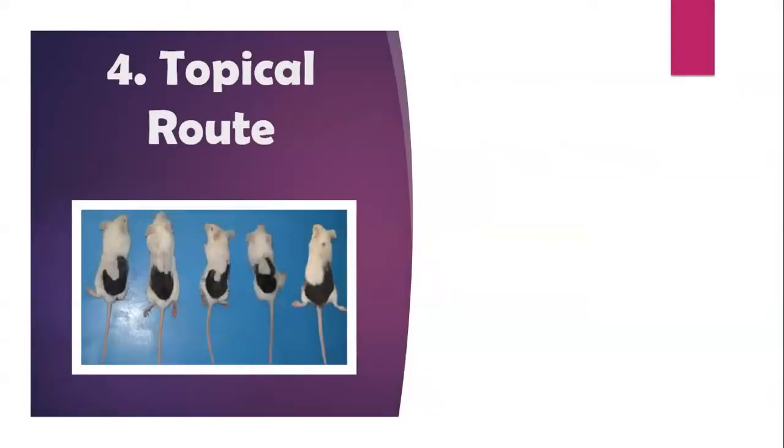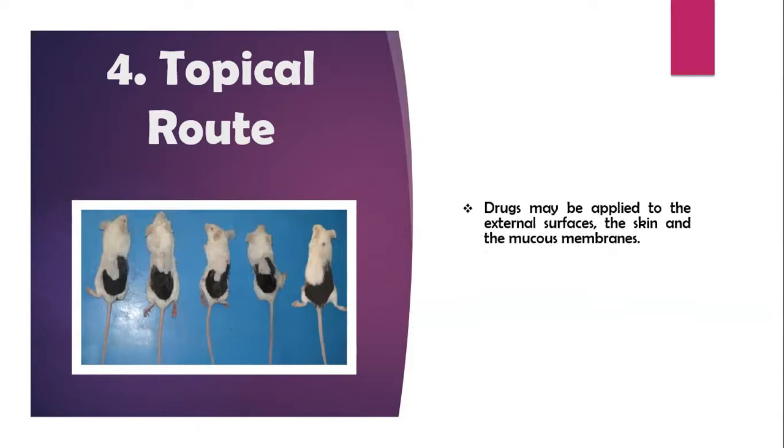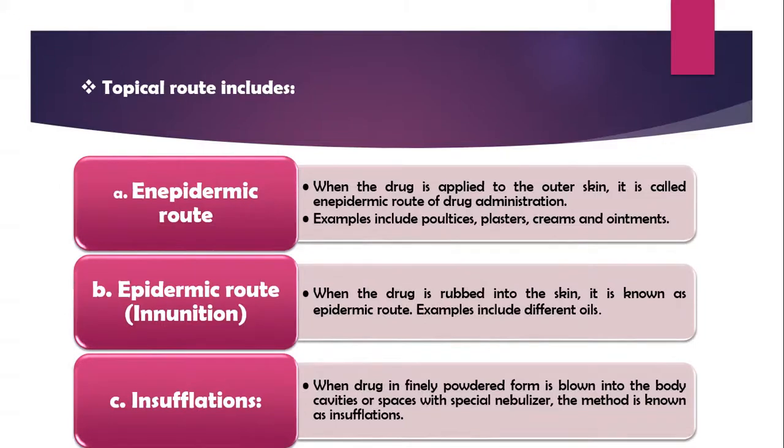Now the last route is the topical route. In that, drugs may be applied to the external surface, the skin and the mucous membrane. The topical route includes, first, the endermic route, in which the drug is applied to the skin, it is called the endermic route of drug administration.